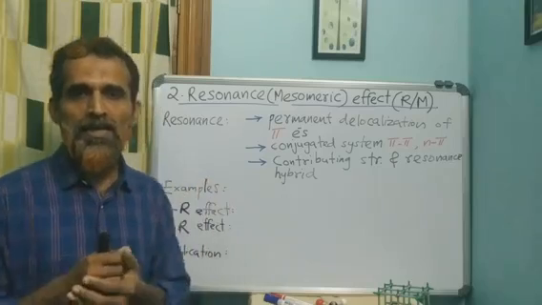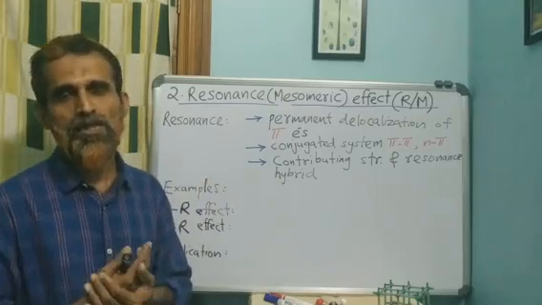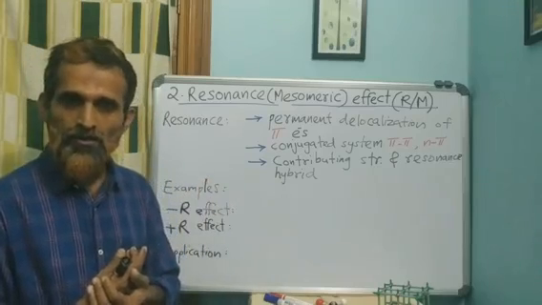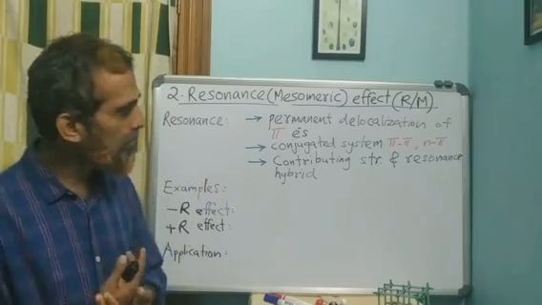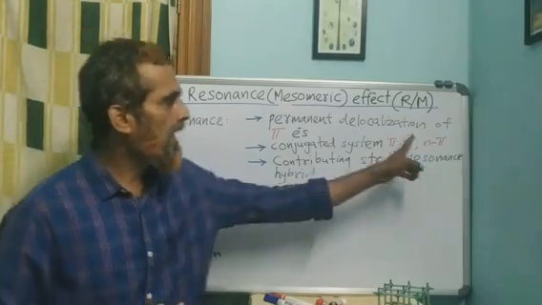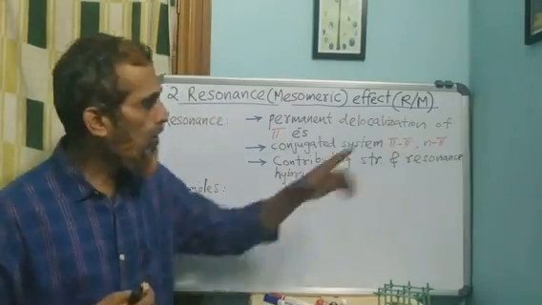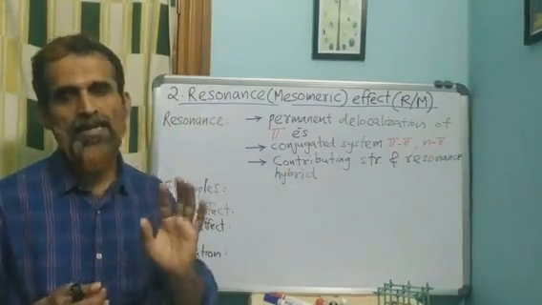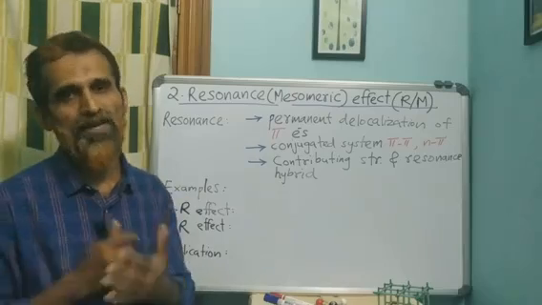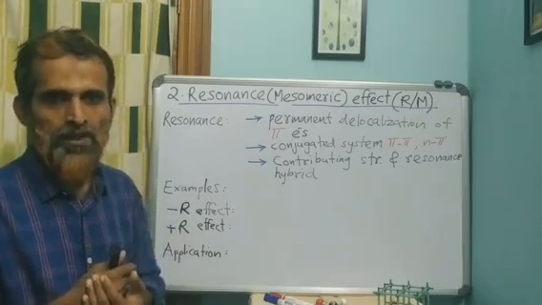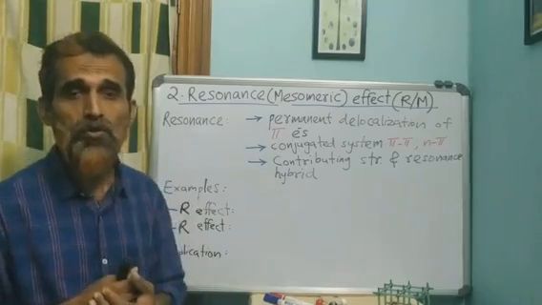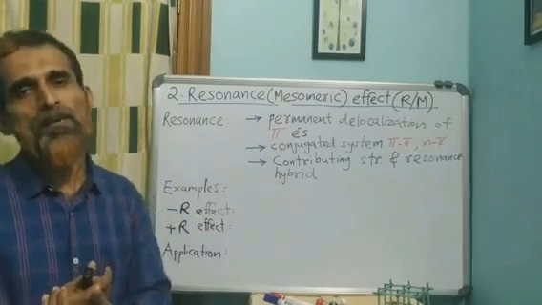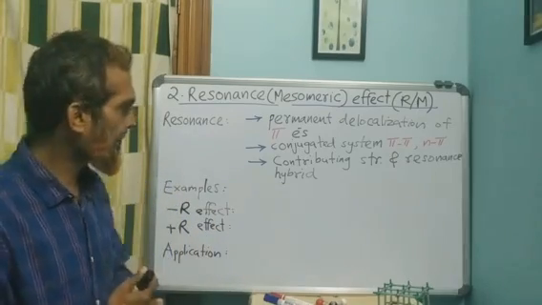A molecule containing alternate single and double bonds, or sigma and pi bonds, or also it can be pi-pi interaction, or it can be also n-pi interaction. What is n? N indicates non-bonding electrons or lone pairs. So lone pairs can also get conjugated with a pi bond and take part in resonance.